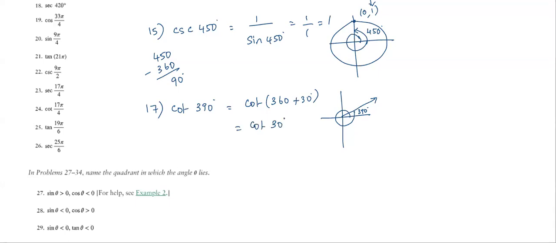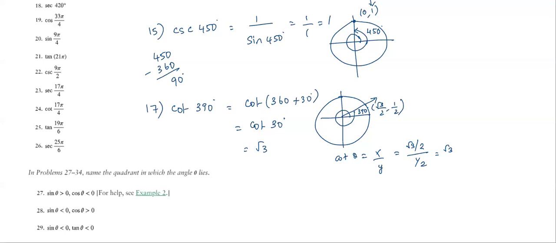Now, what is cotangent? So let us write this x and y here. The x is root 3 over 2, y is 1/2. Cotangent is nothing but x over y. So x over y will give you root 3 as the answer, because root 3 over 2 over 1/2 is root 3 over 1, which is root 3.